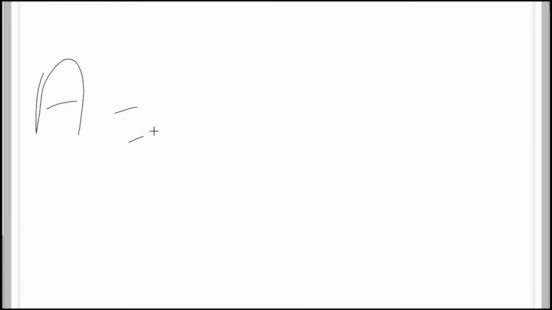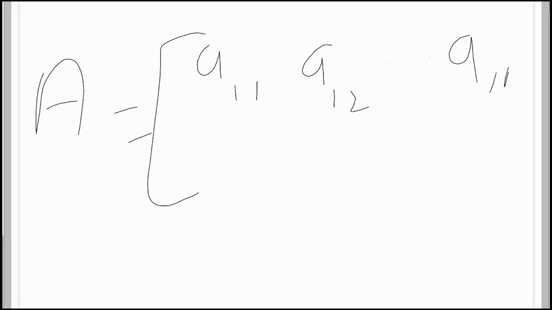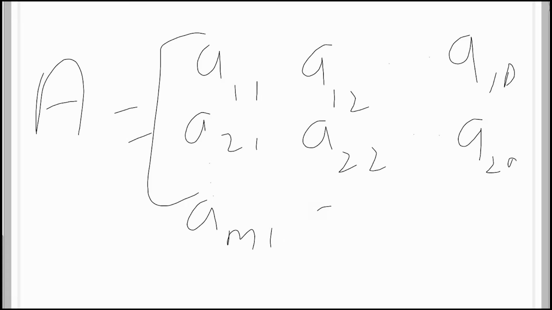A is equal to A11, A12, A1n, A21, A22, A2n. Then like that, we have Am1, Am2, Amn.